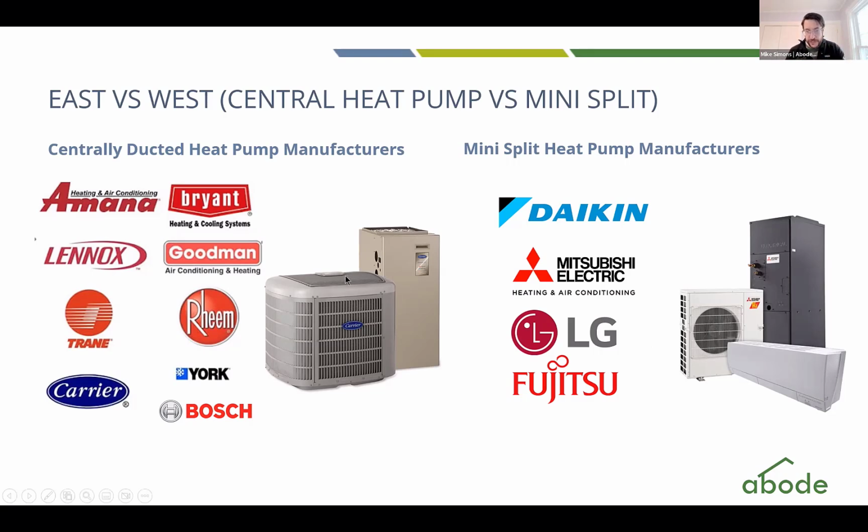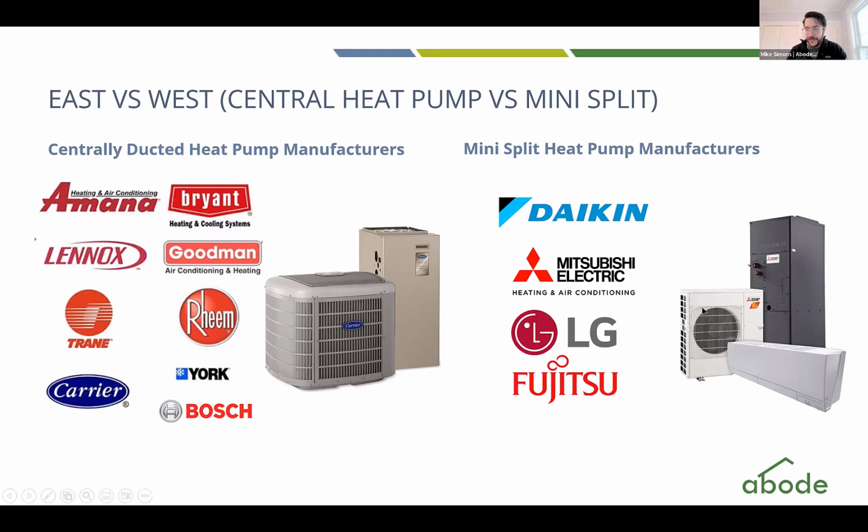As far as visually understanding the difference between the two, the US equipment is all top discharge, while the Asian equipment is all side discharge. So even without seeing any brands, if I went to the outside of a home and saw something that looked like a traditional central AC that was a heat pump, it would be from a US manufacturer.